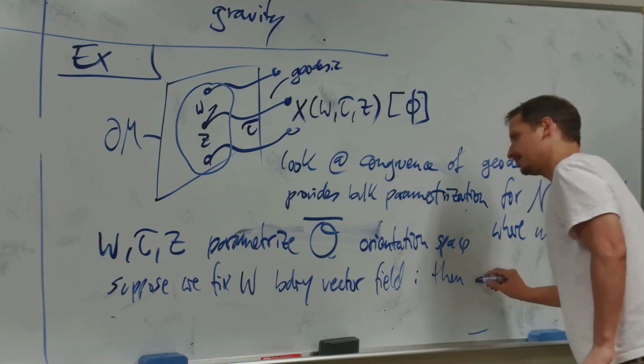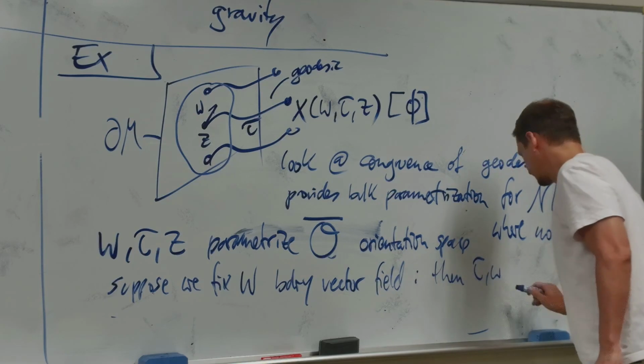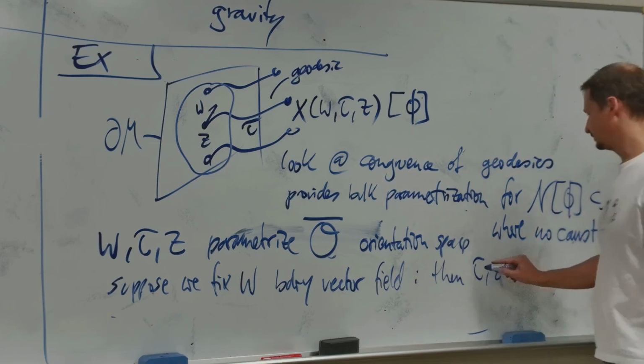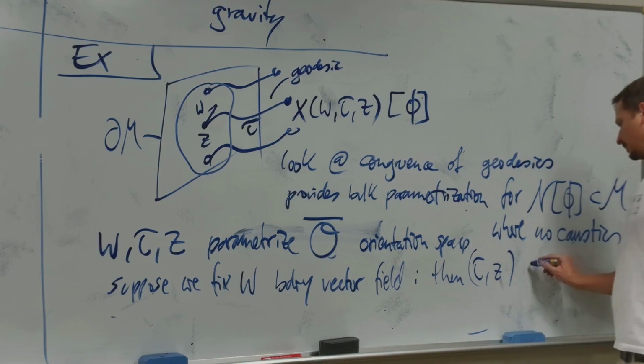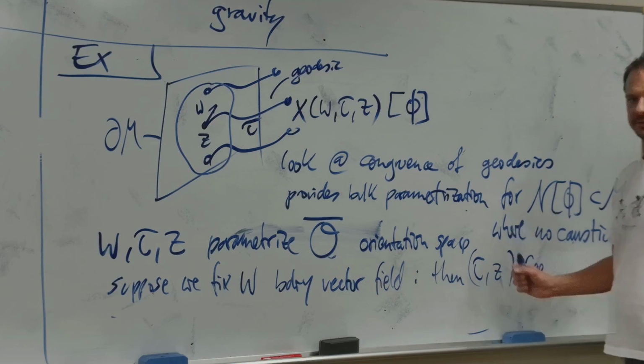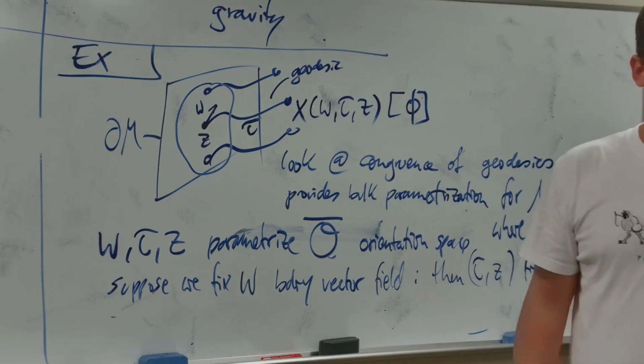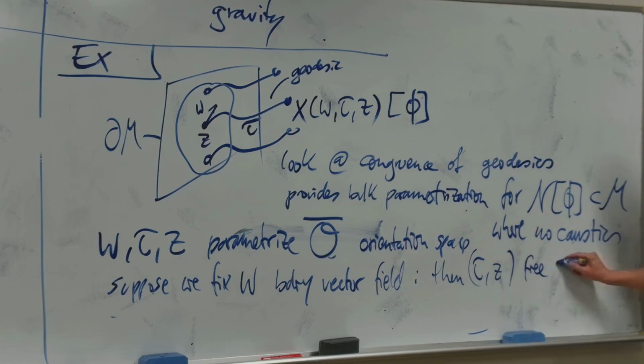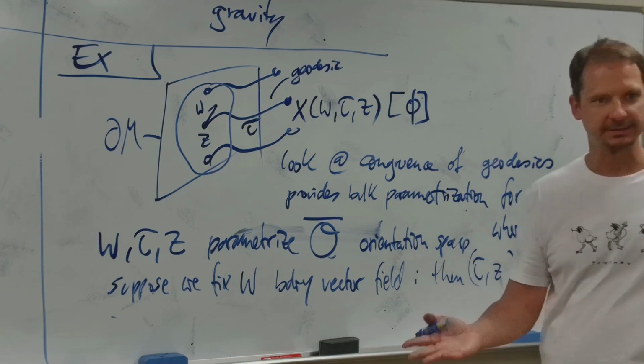So then we have tau, w, z are free, and so the subspace of w is fixed, but letting these run. So this will parameterize my choice of O. This will be the orientation space I'm going to be interested in.